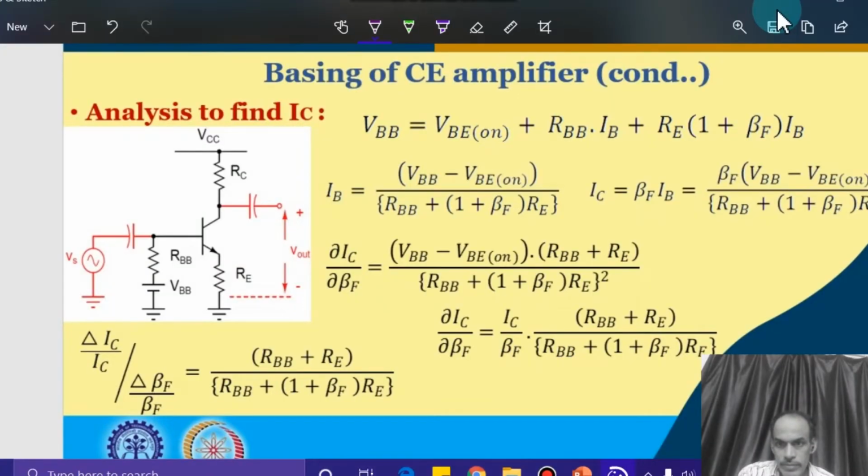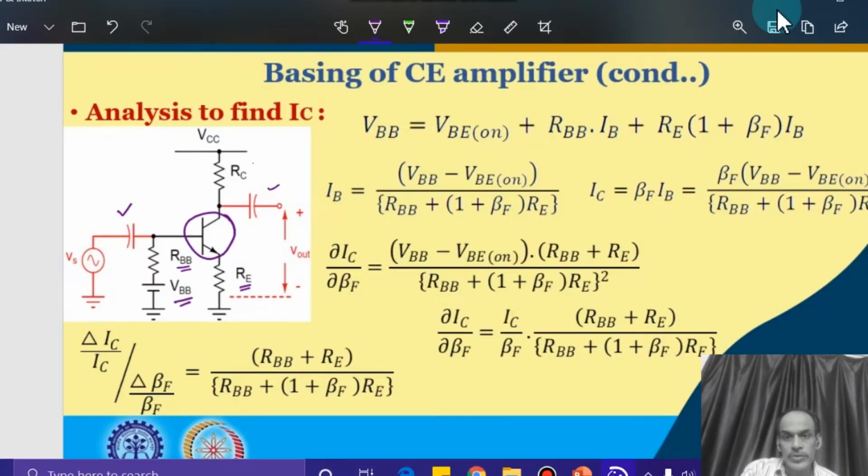So here we have the same circuit we have discussed so far. We have the main transistor which is biased by VBB and then RB, and at the emitter we have the RE resistor, and of course the signal is coming through this capacitor, and at the output we are observing through the capacitor.